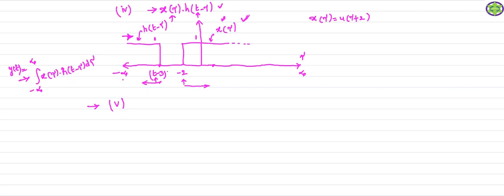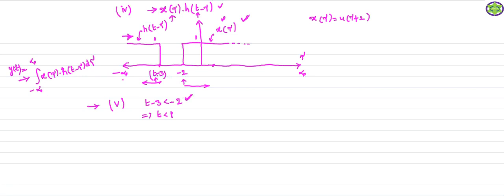Now just observe here. Whenever t minus 3 is less than minus 2, that means when t is less than 1, is there any overlap of h of t minus tau on this signal x of tau? Let us imagine. Whenever this instant t minus 3 is less than minus 2, this is very important.